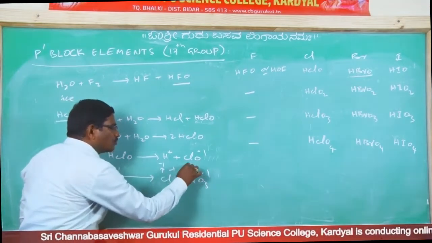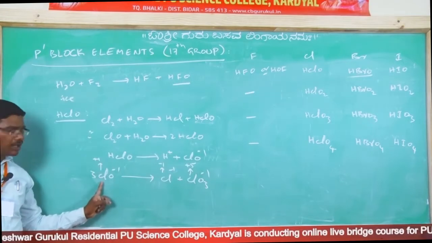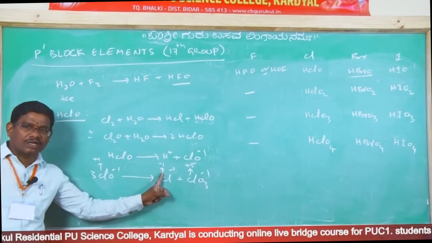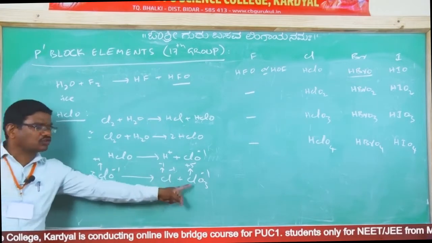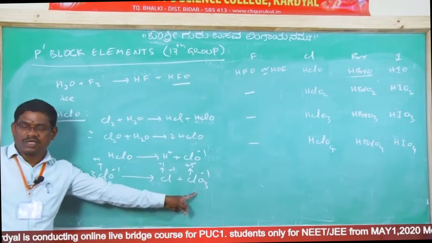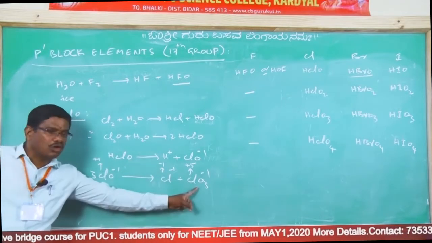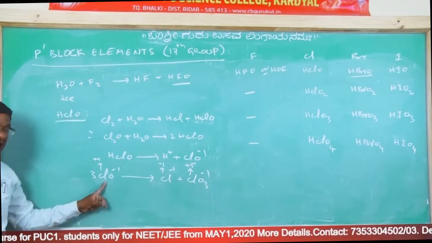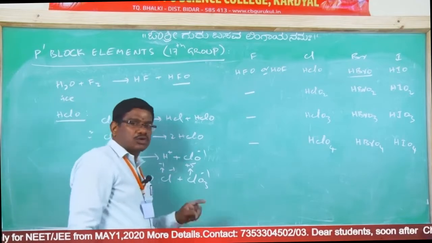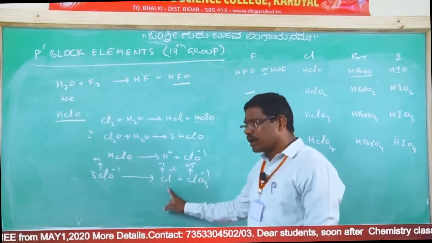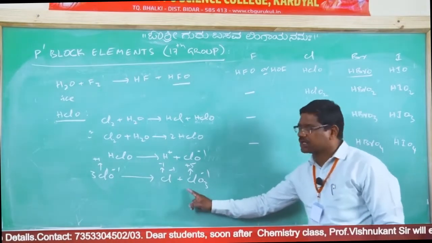Here the oxidation number of chlorine is +5. Chlorine from +1 to -1, 2 electrons are added. Same chlorine from +1 to +5, 4 electrons are removed. One side it undergoes reduction, other side it undergoes oxidation. Thus hypochlorite undergoes disproportionation to give chloride as well as chlorate. Clear? This is an important step here.